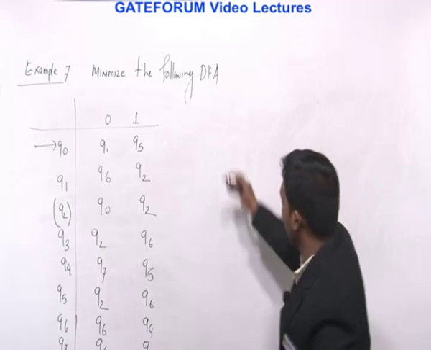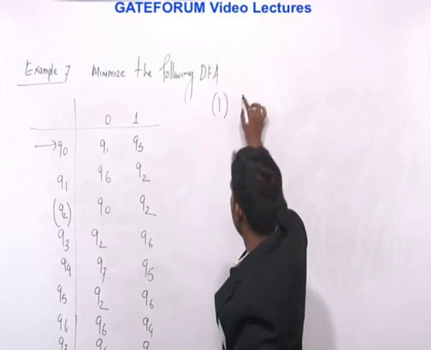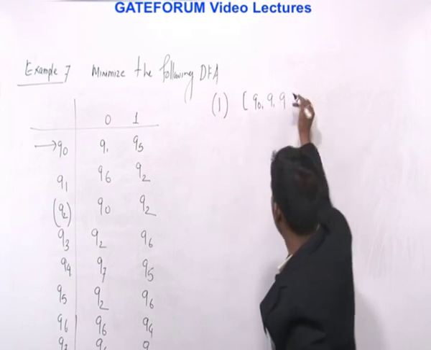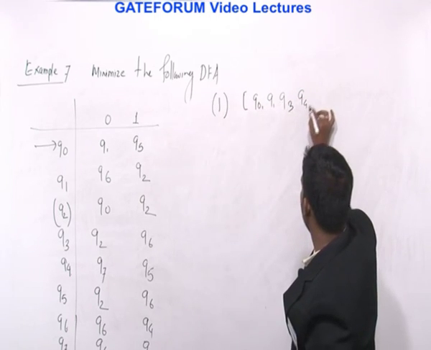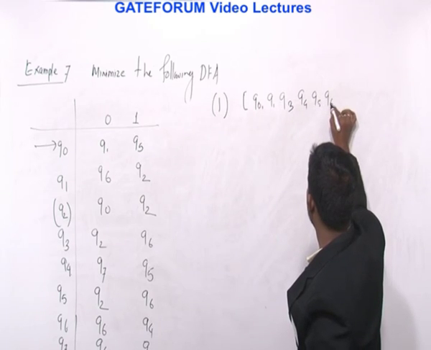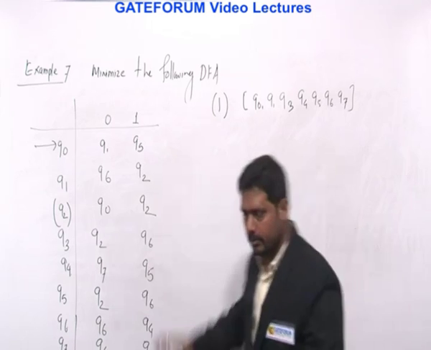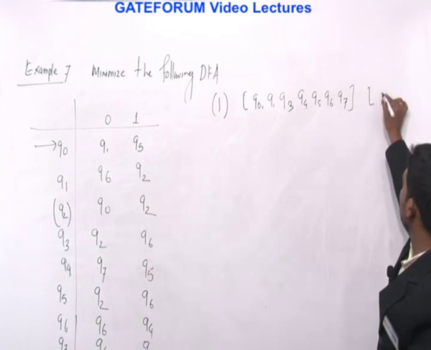So again, step 1 and step 2 are the two trivial ones. In this partition Q0, Q1, Q3, Q4, Q5, Q6 and Q7, and you skip Q2. So there are 8 states, 7 belong here and Q2 belongs here.